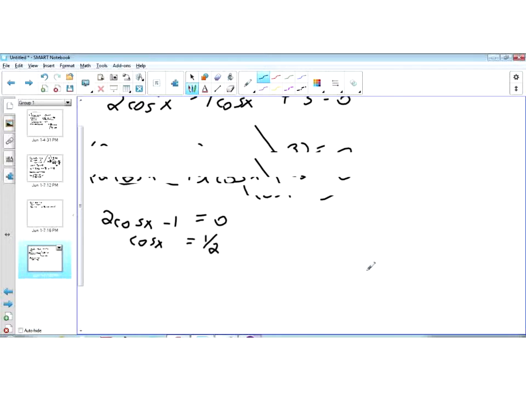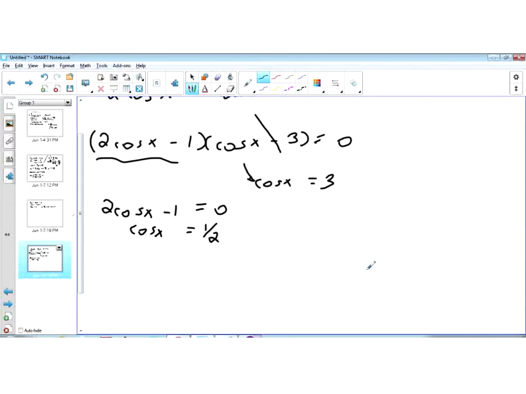So where does cosine x equal 1/2? Well, that would happen wherever cosine x is positive, so that would be in quadrants 1 and 4. And so we know x could equal pi thirds, that would be its quadrant 1 value, or x could equal 5 pi over 3, that would be its quadrant 4 value.